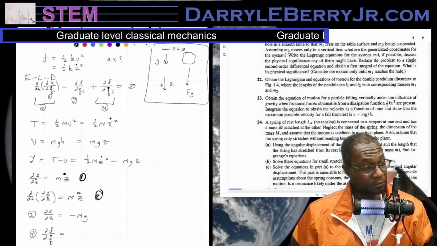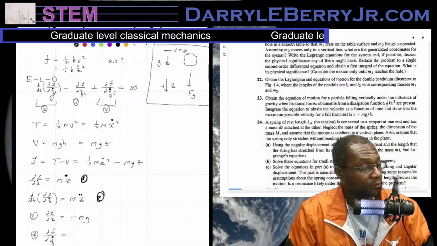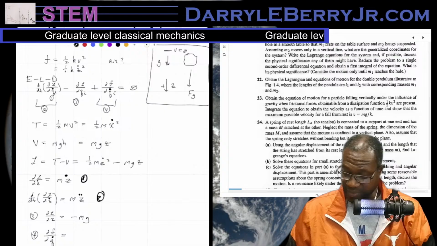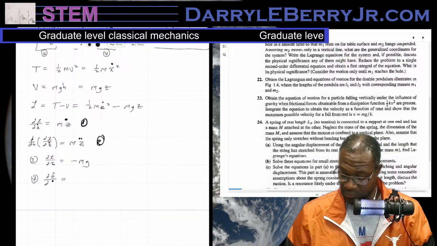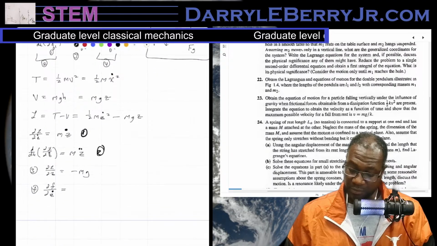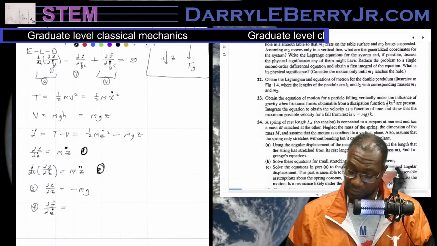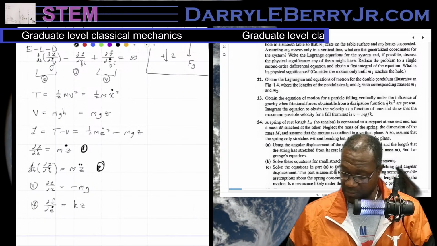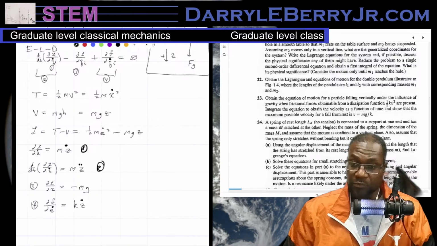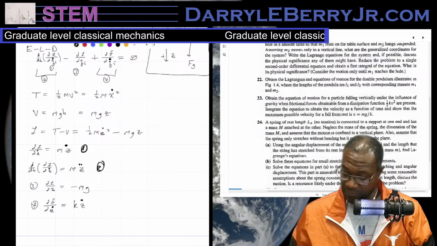Looks like it equals 0. Oh no, it's the derivative of dot. Sorry. So that equals k v dot. Yep, looks right.